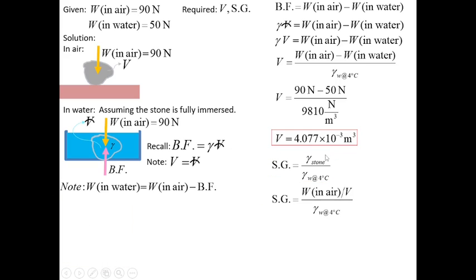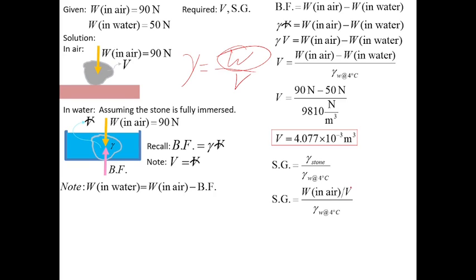So, in this case, the weight in air over the volume. The specific weight of the stone is the weight in air over the volume. As I taught before, the specific weight is weight over volume. So, this weight is the weight in air, not the weight in water, the weight in air.